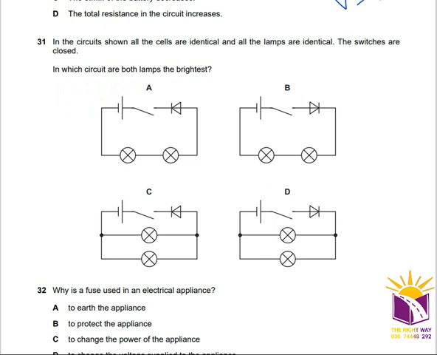Question number 31. In the circuit shown, all the cells are identical and all the lamps are identical. The switches are closed. In which circuit are both lamps the brightest? What is this one? This is a diode. And in a diode, this side is the P terminal and this side is the N terminal.